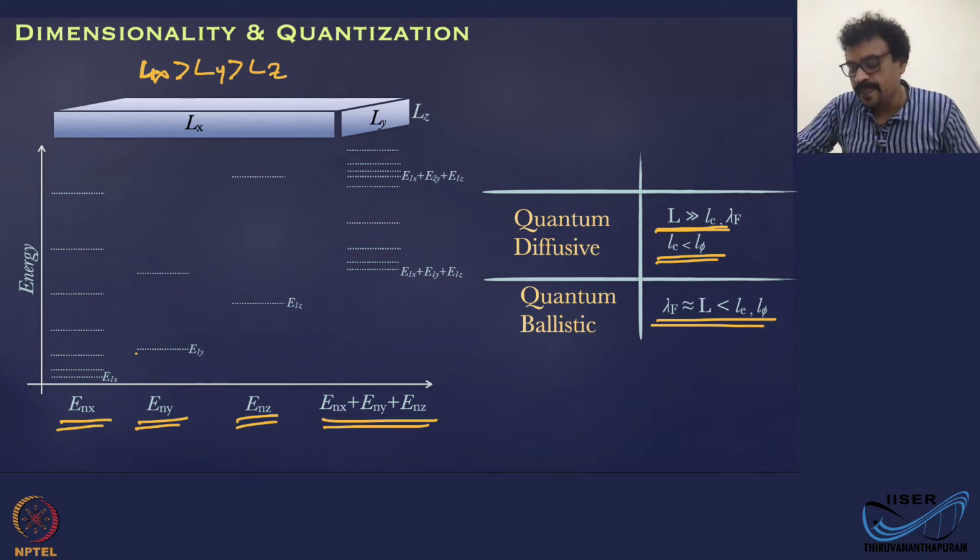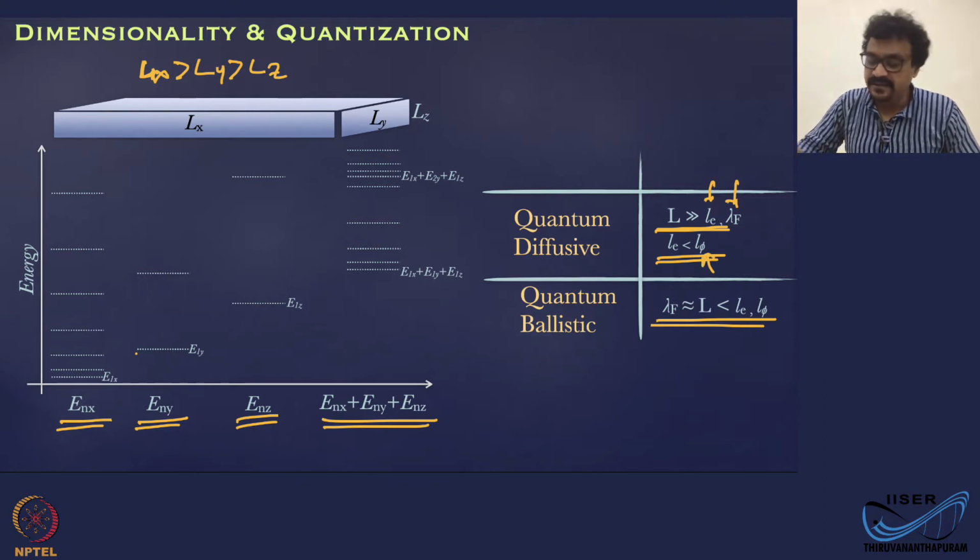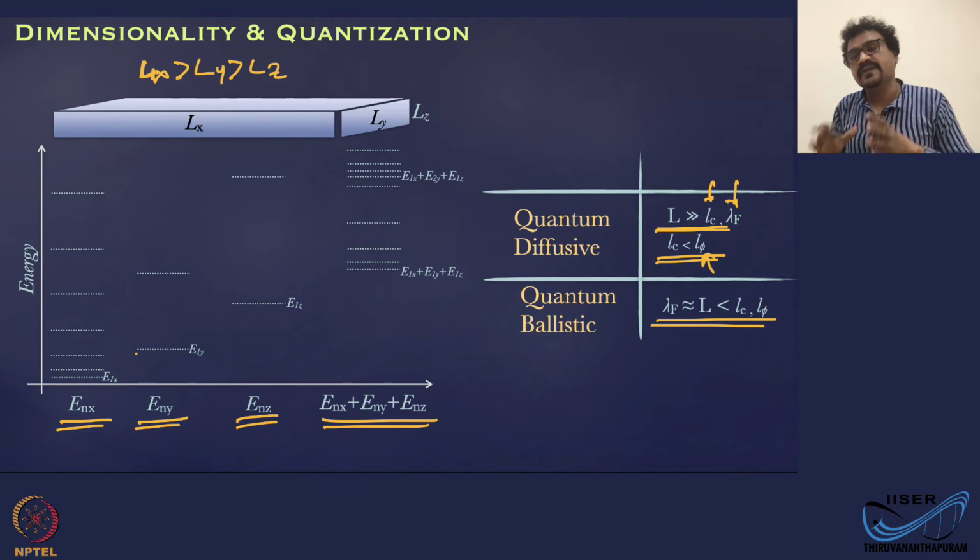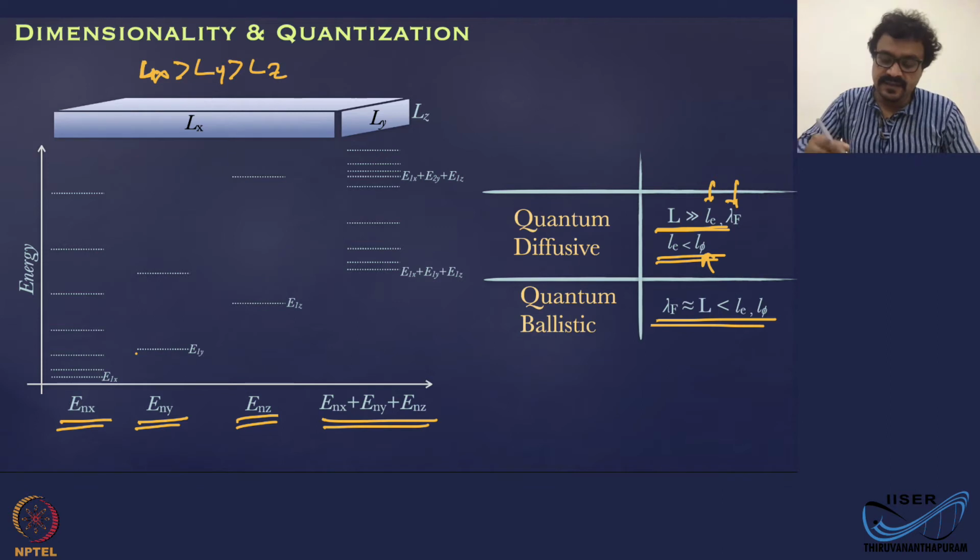So the elastic scattering length, Fermi wave vector, and the inelastic or phase coherence scattering length. The comparison of these scattering lengths with the dimension of the system, that is L, decides whether you will observe a quantization or not.